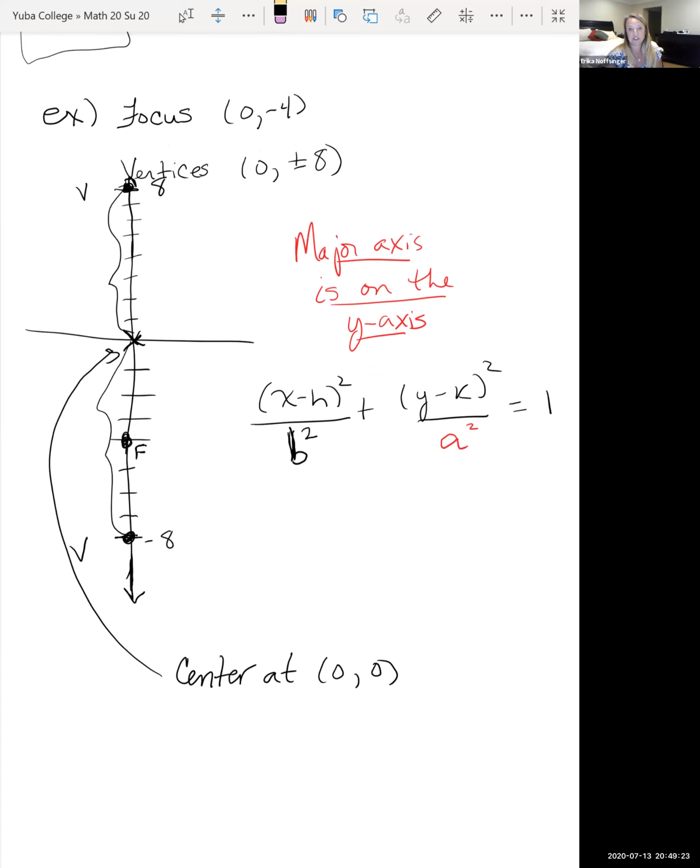That length was 2a. And so our a value was the distance going up and down a from our center. So we can look at this and we can see that then a has to equal 8. For my equation though, I need a squared. A squared then is equal to 64.